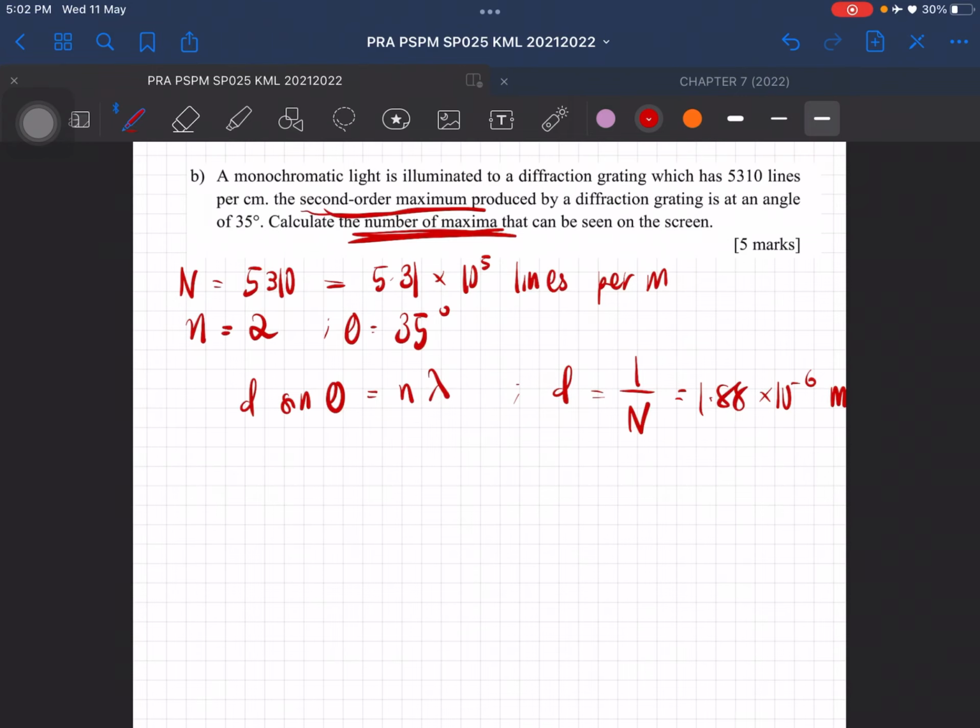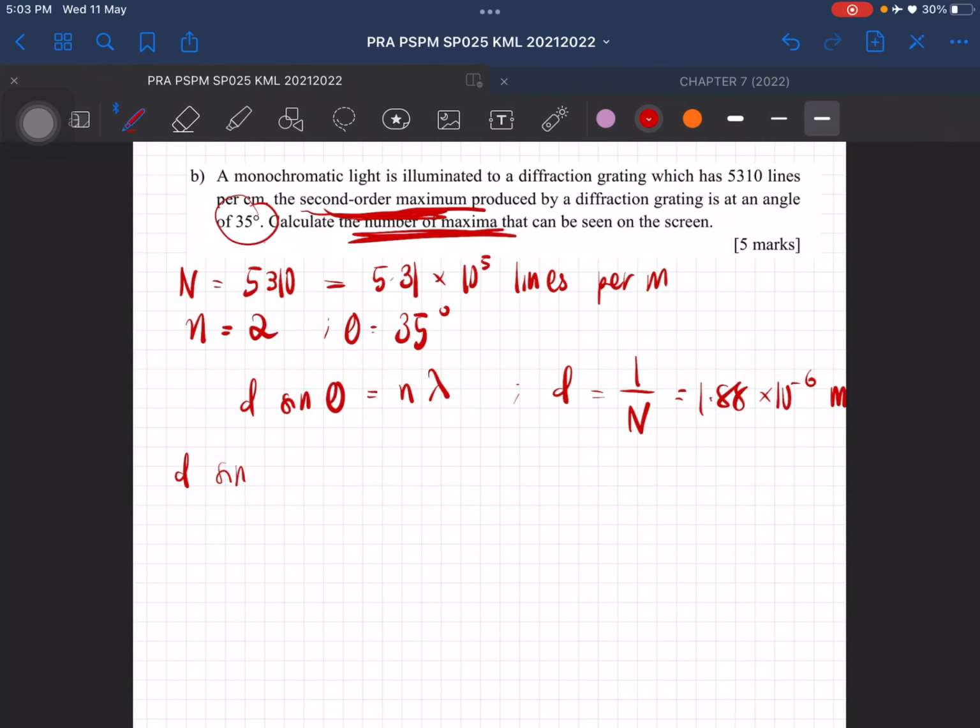Okay, so the wavelength, we are going to use, what is it? It's a bit confusing. Oh, okay, sorry. So for lambda, it says second order maximum produced at the diffraction grating of 35 degree. So we know that the wavelength should be constant.